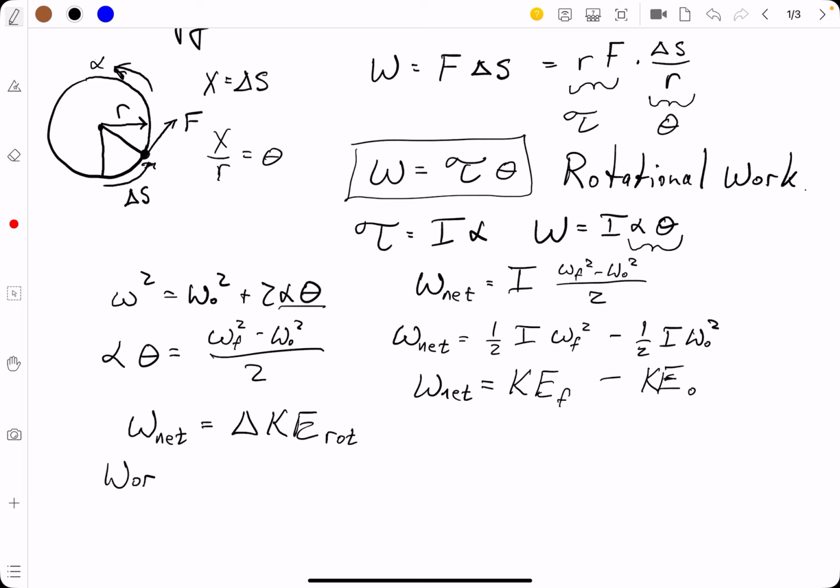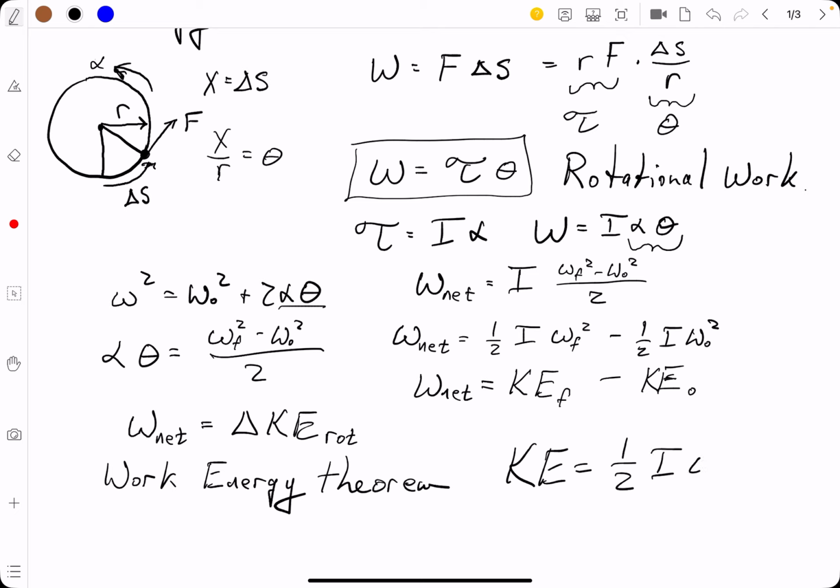A rehash of the work energy theorem. And it's the same thing, only now our kinetic energies are done with the moment of inertia times the angular velocity squared.